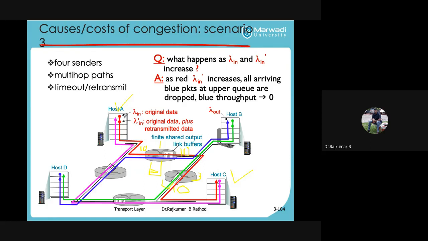So now 4 Mbps data is transferred from host A to router 1. There is no problem, the input capacity is there. Then router 1 to router 3 to host C, and this scenario continues. Then 2 to the power of 2 increases to 2 to the power of 3, that means 8 Mbps data.